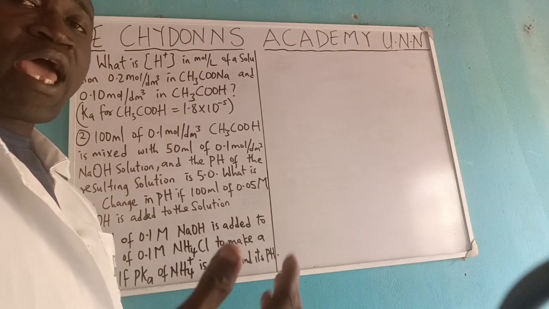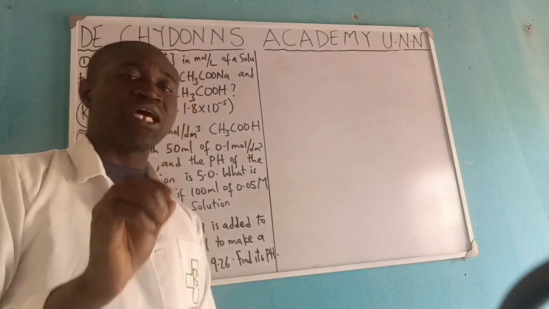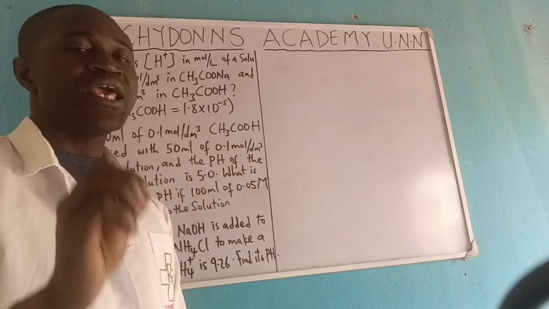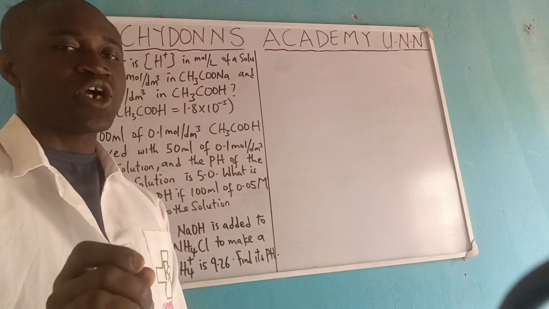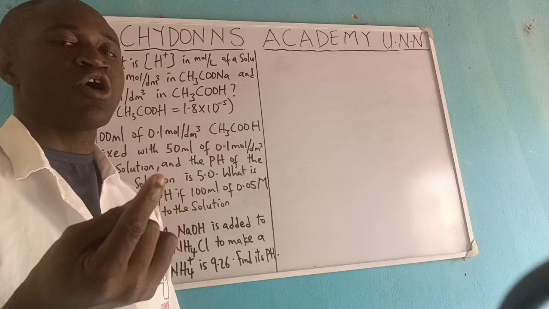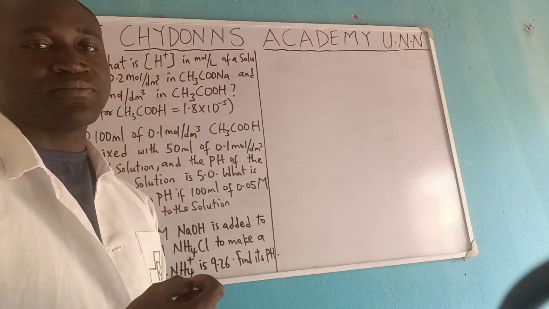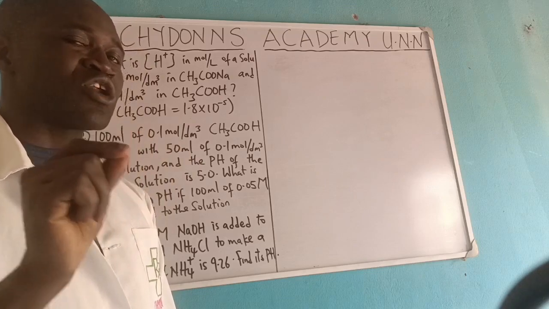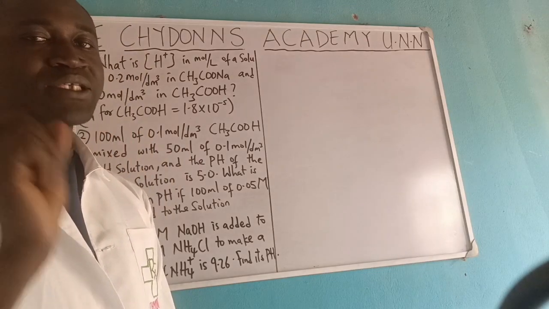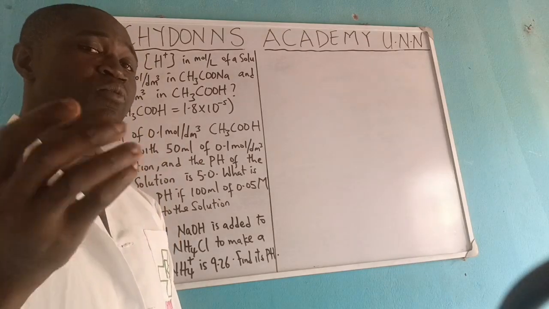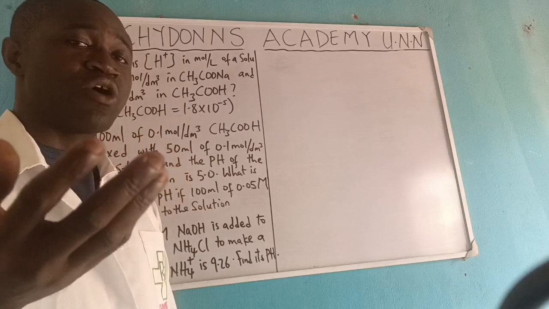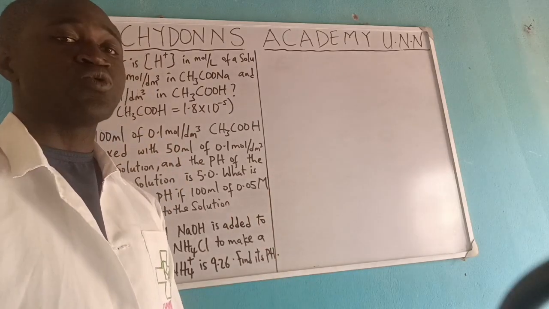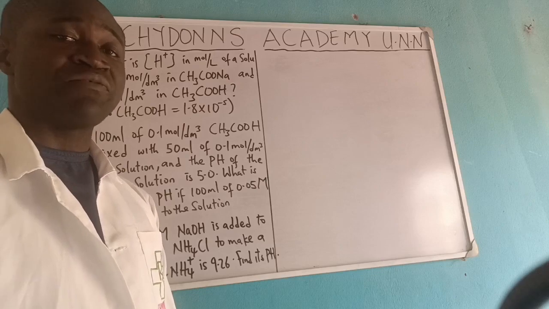I would like to tell you that a buffer solution is any solution whose pH resists change on addition of a small quantity of acid or base. Remember, on small addition of acid or base. If you pour a large quantity of acid or base into it, the pH will definitely change.